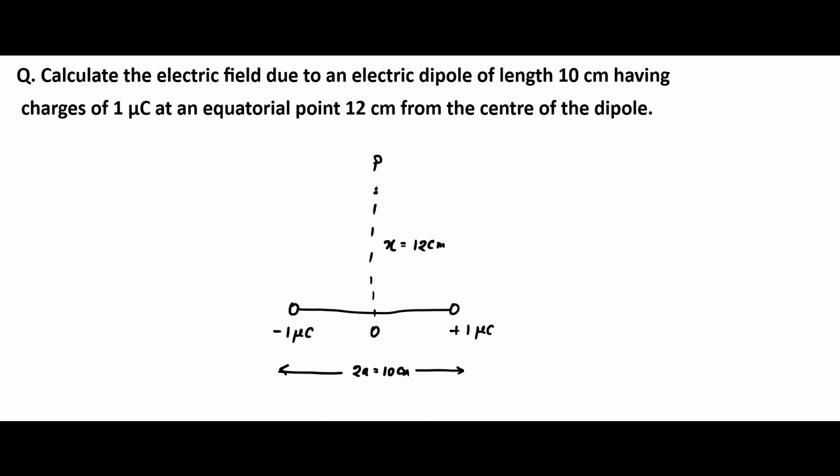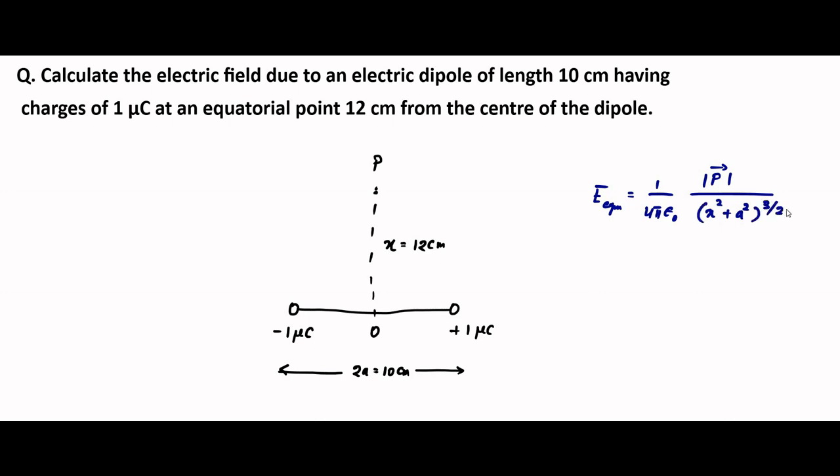So the formula associated with this is, along the equatorial line the electric field is equal to 1 by 4 pi epsilon 0, magnitude of p vector, the dipole moment, divided by x square plus a square to the power 3 by 2.